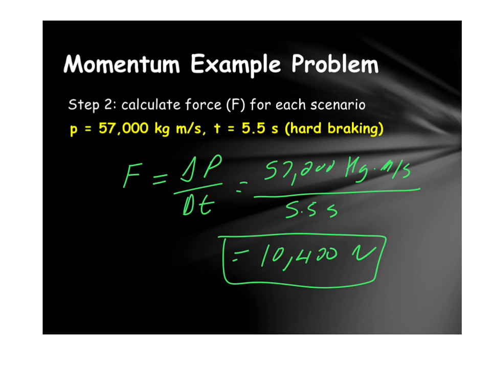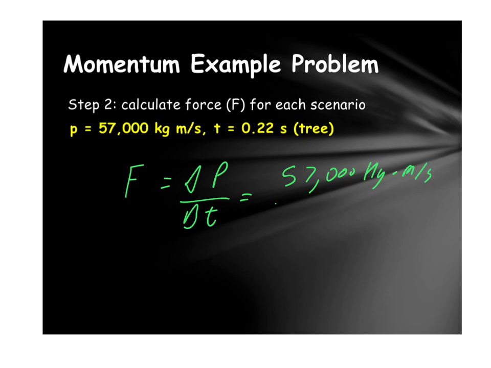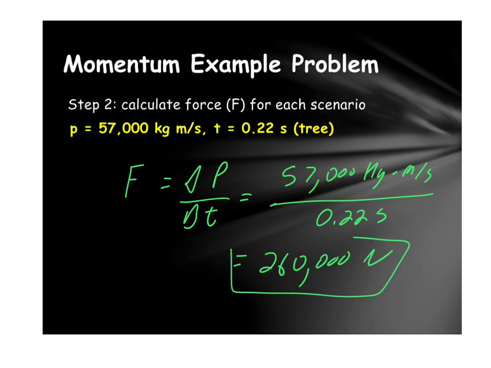I think you can see where this is going with the tree, but we'll calculate it anyway. So again, F is equal to delta p over delta t. Delta p, again, the momentum is the same no matter how we stop it, 57,200 kilograms times meters per second, divided by 0.22 seconds, and that is 260,000 newtons that's applied over that short 0.22 seconds.